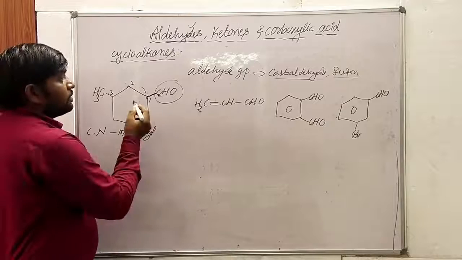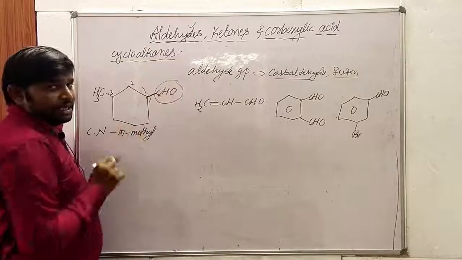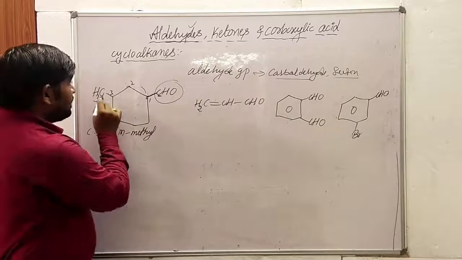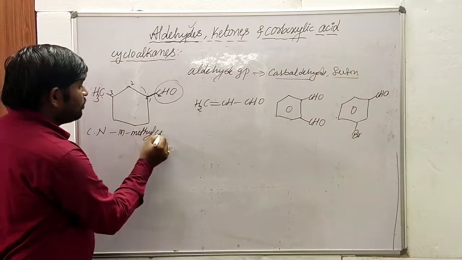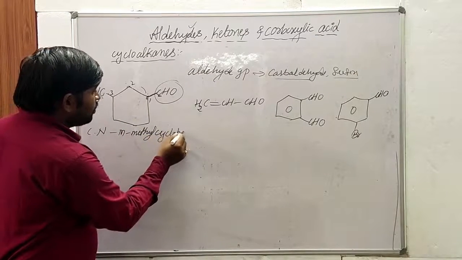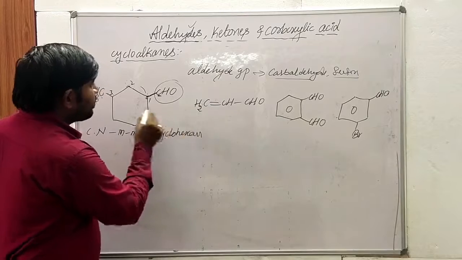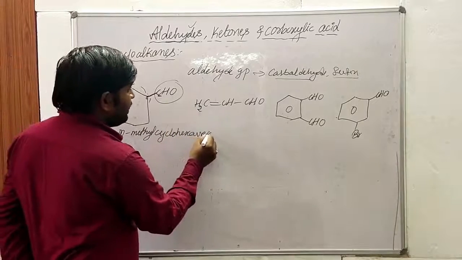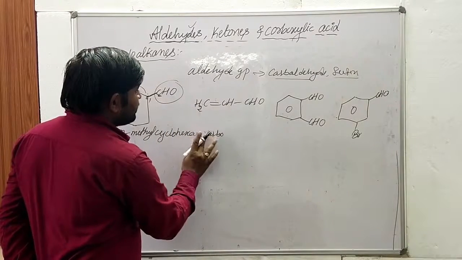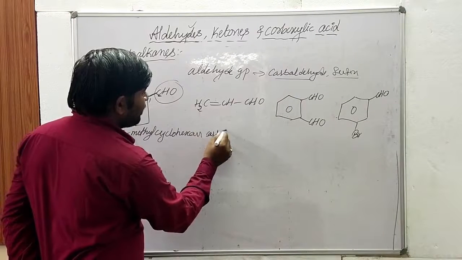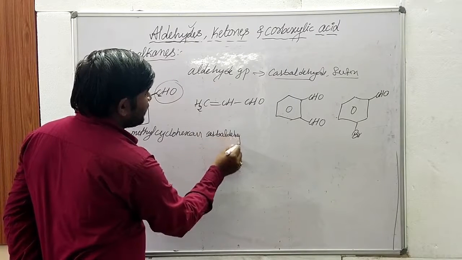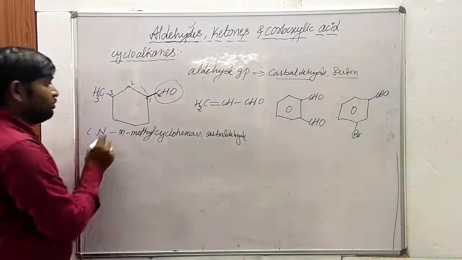The suffix is carbaldehyde in aromatic or cyclic groups. So this is meta-methyl cyclohexane carbaldehyde. Cyclohexane is replaced by carbaldehyde. Meta-methyl cyclohexane carbaldehyde is the name of this molecule.